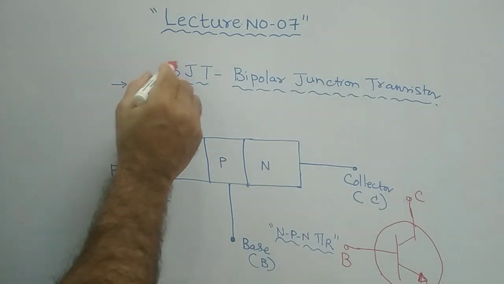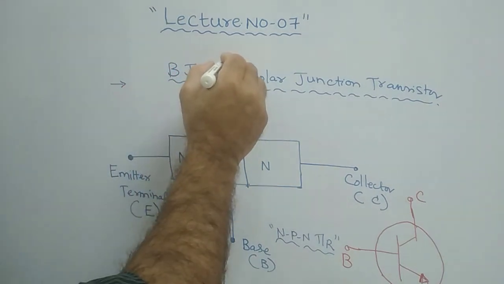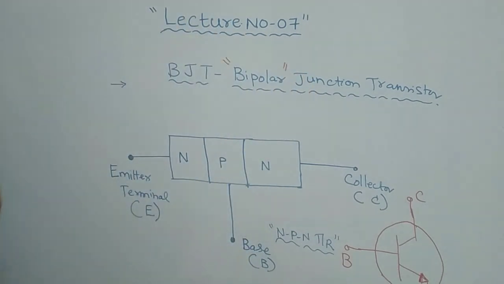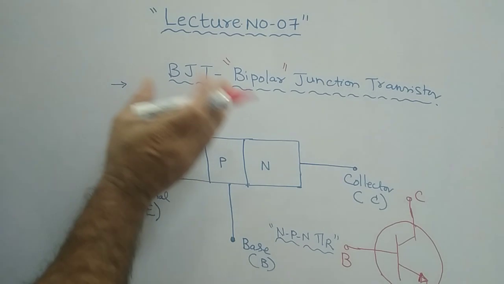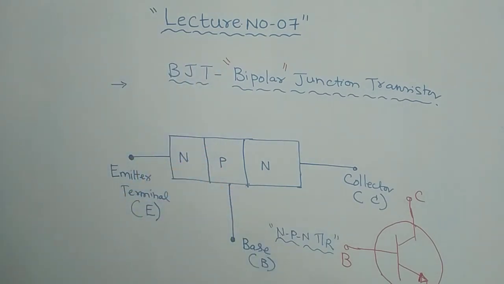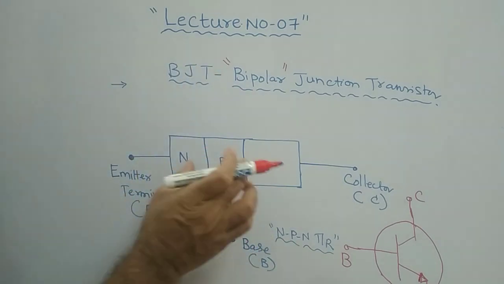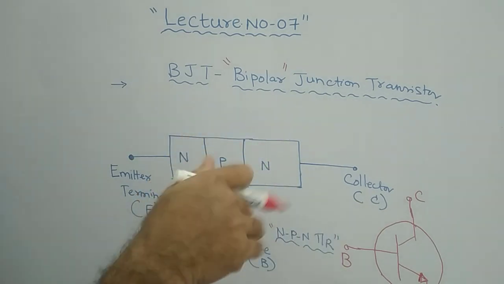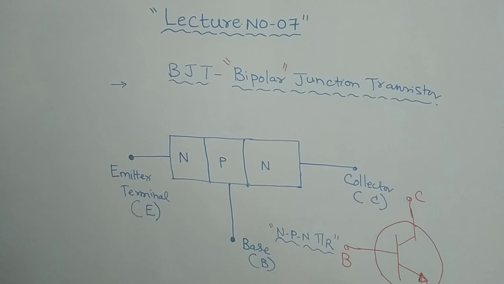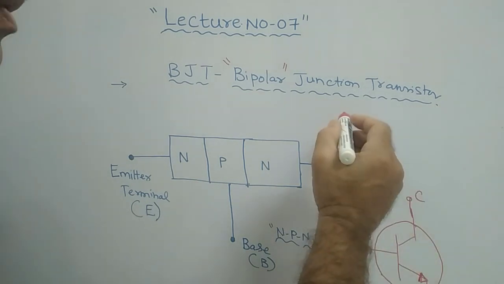And what do you mean by bipolar? If you compare this transistor with the PN diode, it can also be seen as a combination of 2 PN junction diodes. You can say that also.